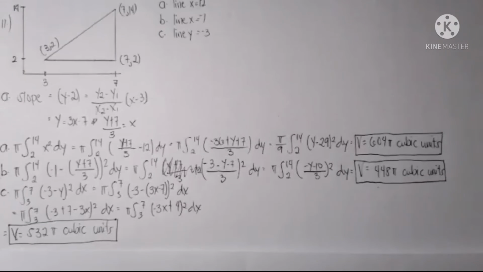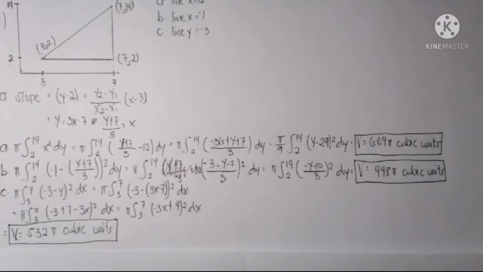So our final answer now is V is equal to 532 pi cubic units.